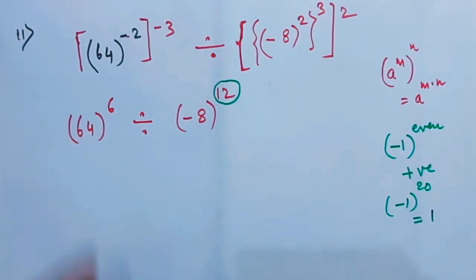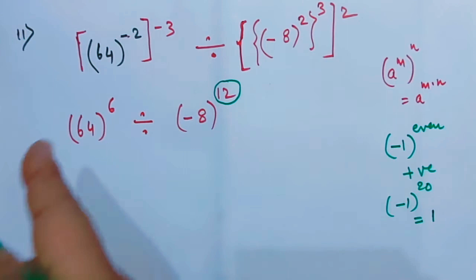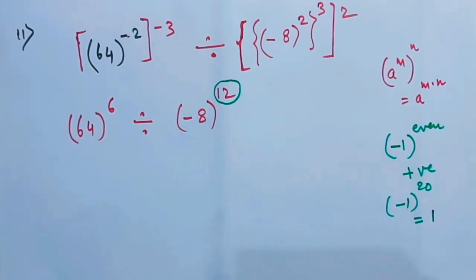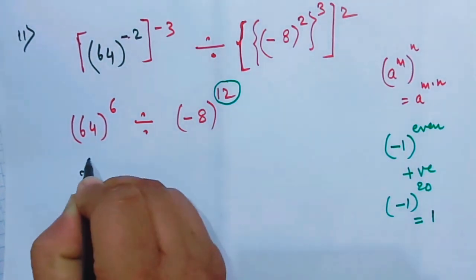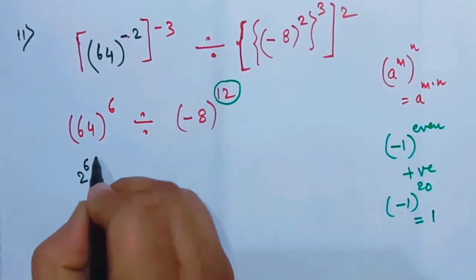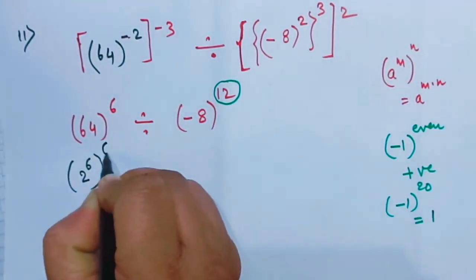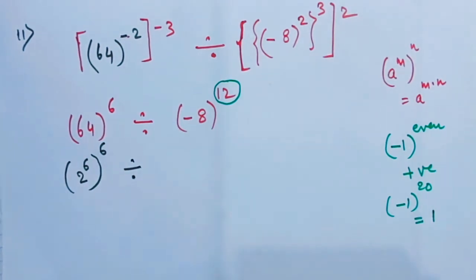Now this 64 is not in its usual form, it's not in its prime number form. So I will change this 64 into its prime number form, and it will be 2 to the power 6, raised to the power 6, divided by minus 8 to the power 12.